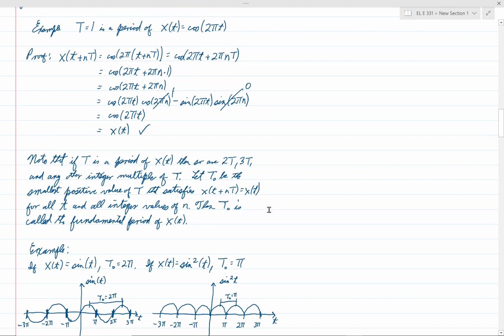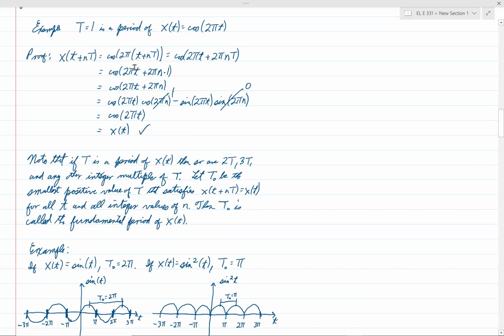So what we do then to resolve that sort of ambiguity is we let T naught be the smallest positive value of T that satisfies x of t plus nT is equal to x of t for all little t and all integer values of n. And then T naught, that smallest value of capital T that works, is called the fundamental period of x of t.